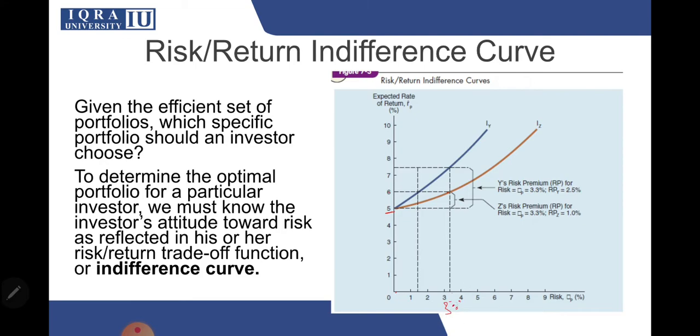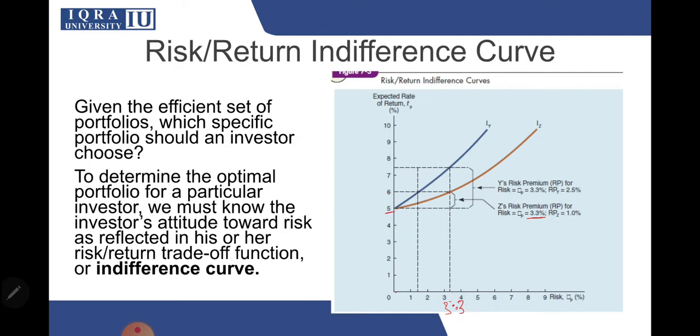And 3.3, it's written over here as well. So basically, this indifference curve is telling you that investor Z is indifferent between the combination of 5% return at a zero risk level and a 6% return at a 3.3% risk level.